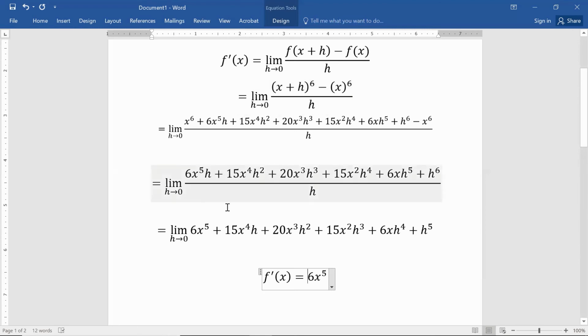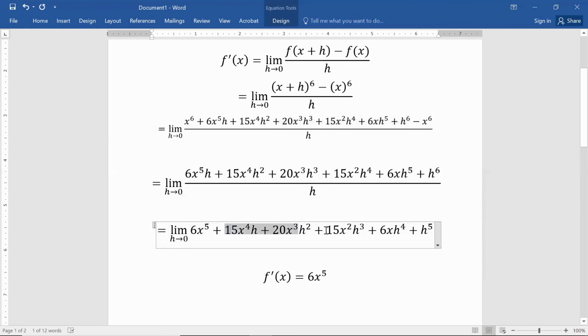In general, this is always going to be the way this works out. If you take x plus h to a power, the first term is going to be x to the power, and then the second term is going to be that power times x to a lower power times h. All of the other terms are going to have h to a higher power.